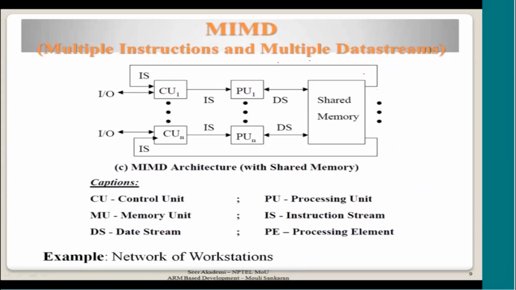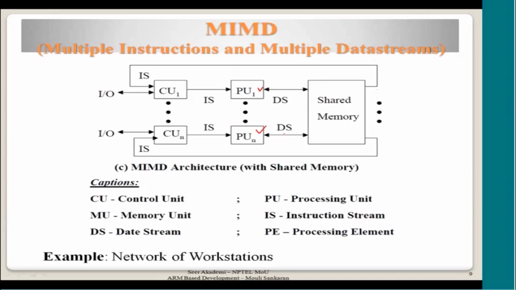And then a very high level of parallelism is called multiple instruction and multiple data stream, where you have multiple processing elements connected to a network, or it could be in the same physical location, but they all have their own local memory, or there could be a shared memory. So it could be a distributed system or a shared memory system, where each of the processing elements gets a different data stream as well as a different instruction stream.